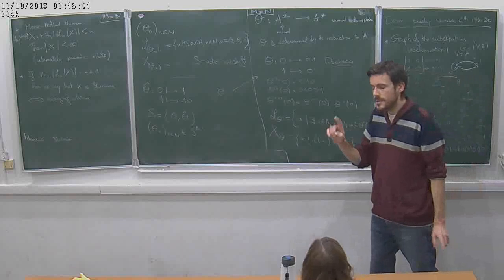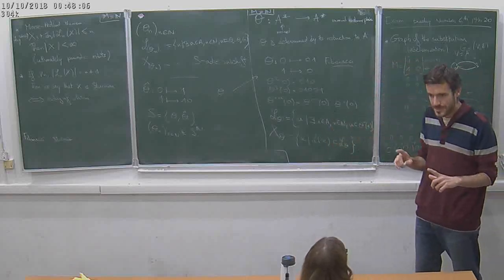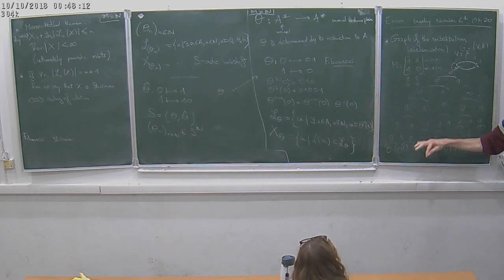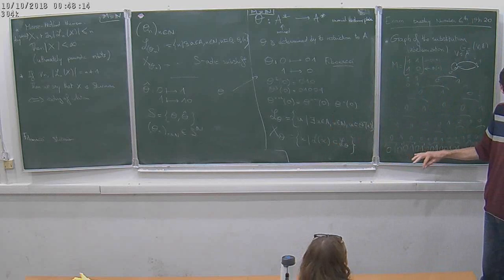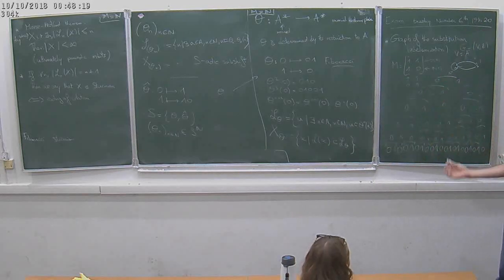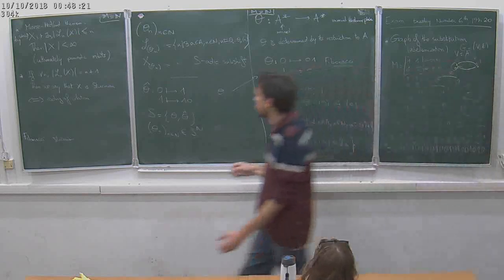Sorry, no. I fix the sequence. It's not that each time I choose. I fix the sequence of substitutions, and I look at the subshift depending on this sequence where each time I derive with respect to the corresponding subshift.